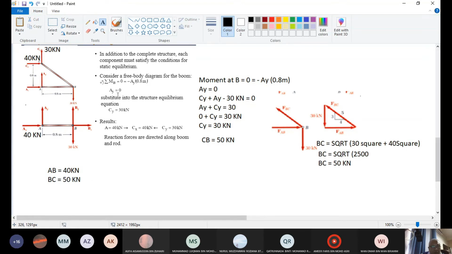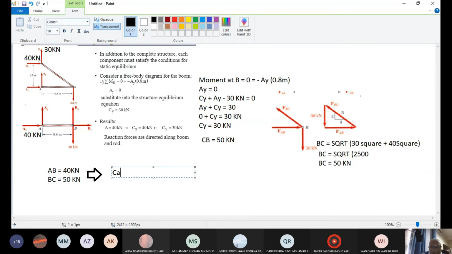The rest will be simple because what we need to do is to calculate the stress on rod BC and rectangular beam AB.